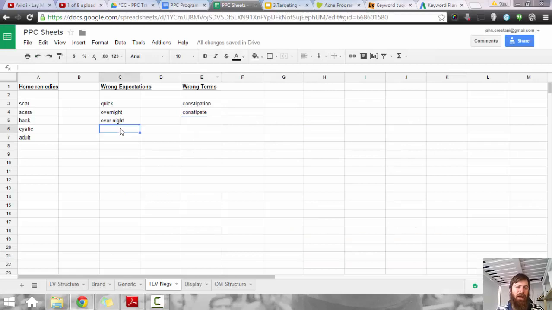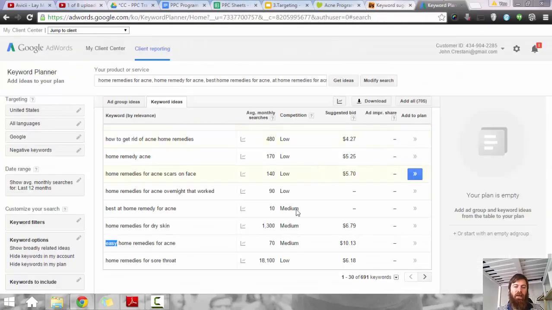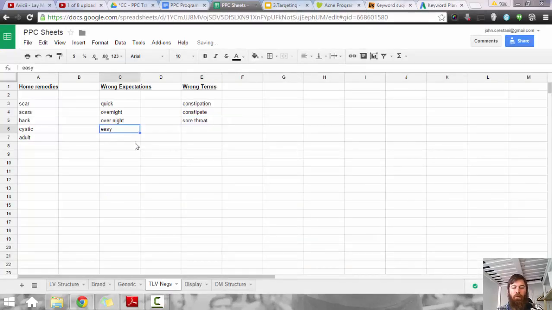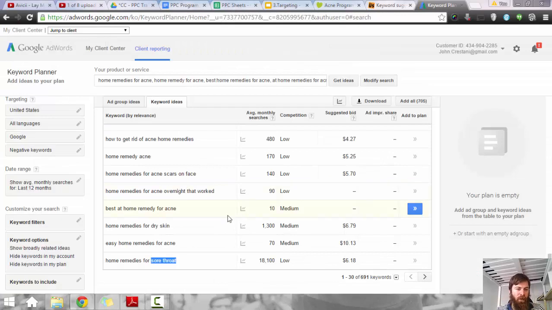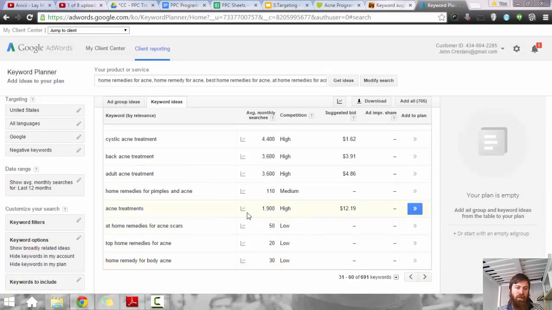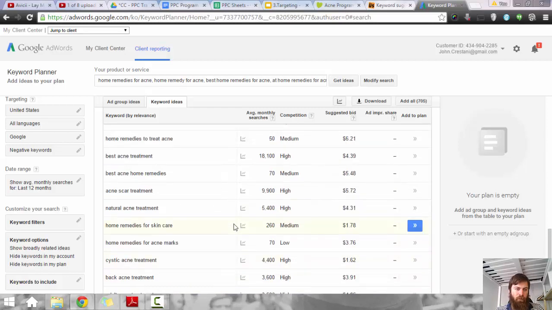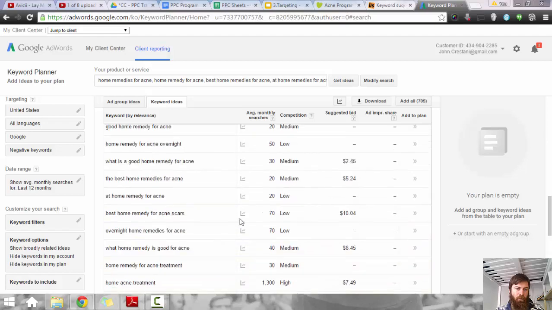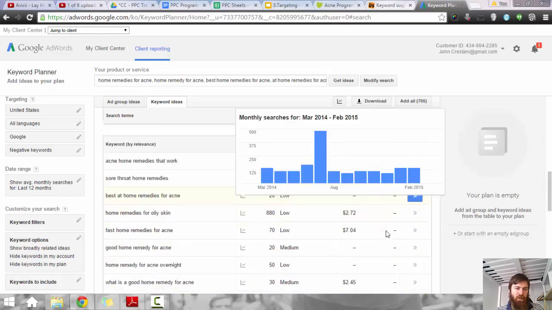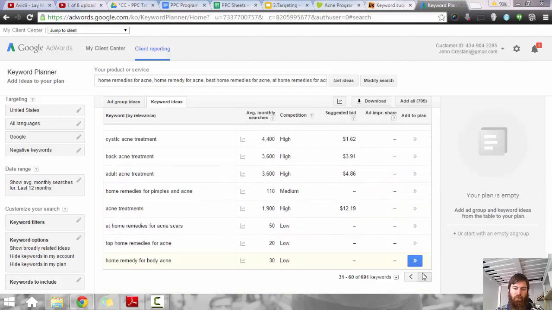Easy, maybe I think that's a wrong expectation. Maybe somebody looking for an easy solution, or who knows, that could be a wrong one. But we could say sore throat. Let's keep going through. So we could click this little button here. Acne scars, we're seeing sore throat remedies.